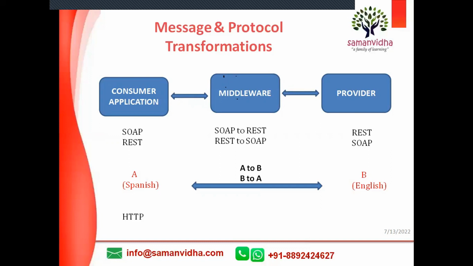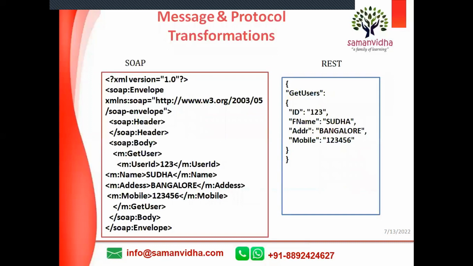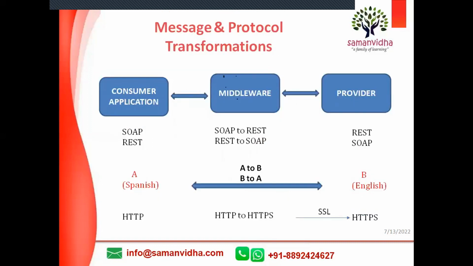Not only this, whenever there is a message which is non-secure, that is HTTP, and the provider wants it in the form of a secure one, that is HTTPS, in that scenario also, DataPower converts the non-secured message into a secure one, that is HTTP to HTTPS, through SSL certificates. In the next videos, you will get a complete idea of SSL certificates.